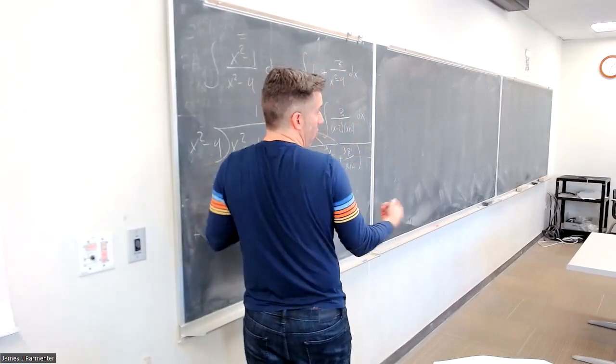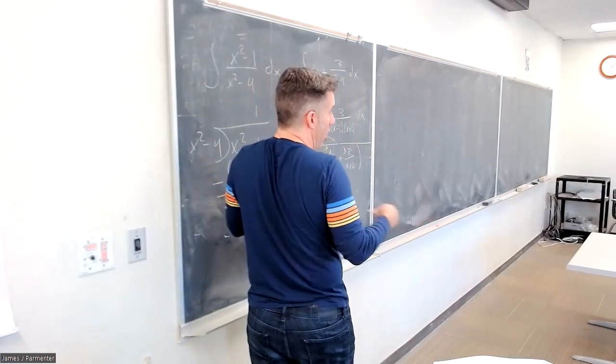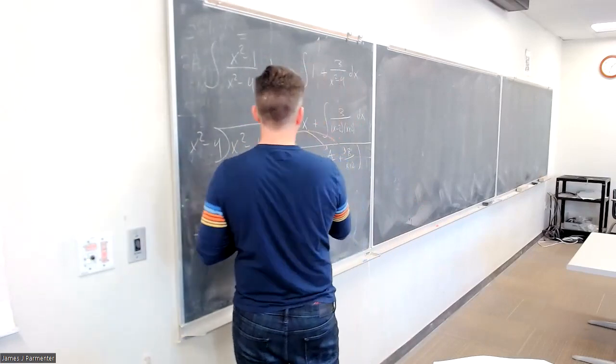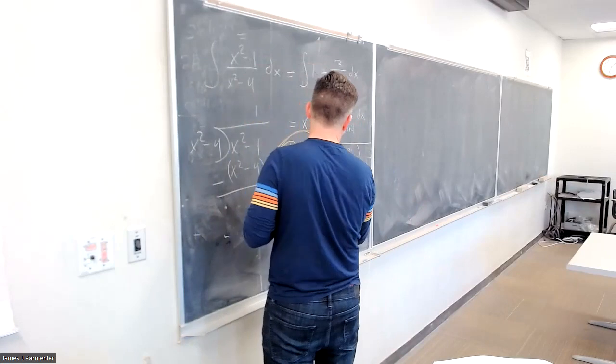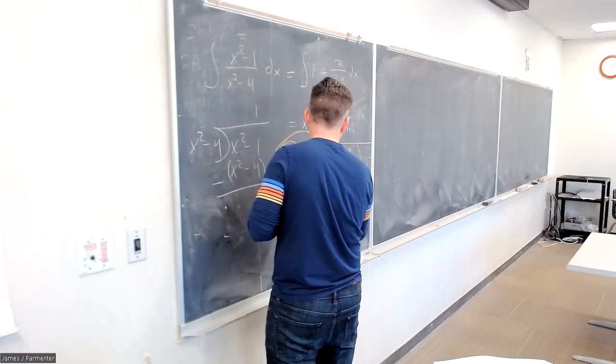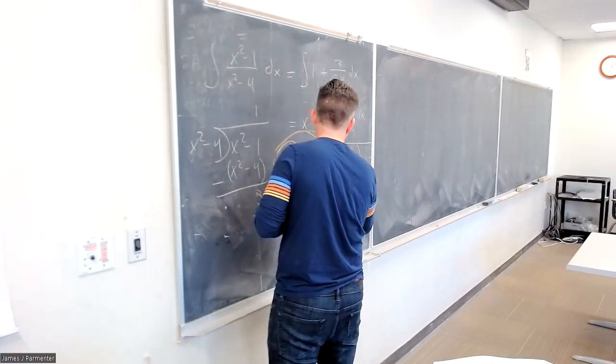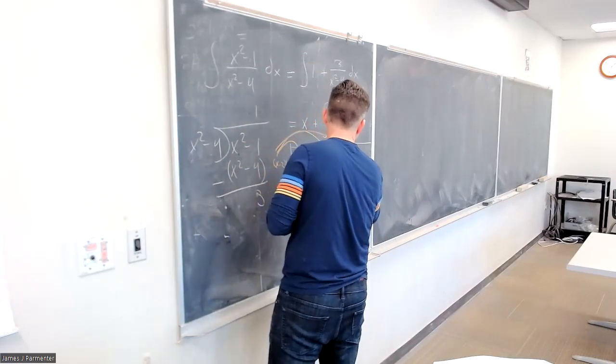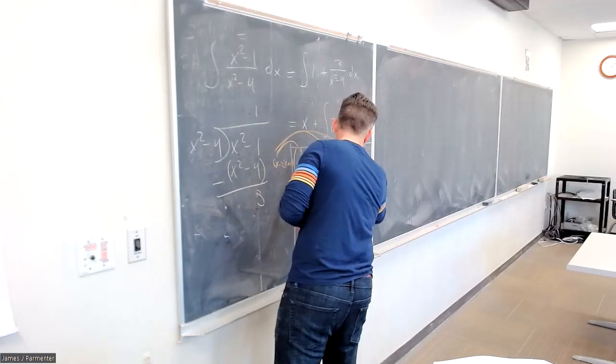On the left-hand side, we always just get the numerator. On the right-hand side, x minus 2 times x plus 2 times A over x minus 2, the x minus 2's cancel and you get A times x plus 2. And then over here, the x plus 2's cancel and you get B times x minus 2.